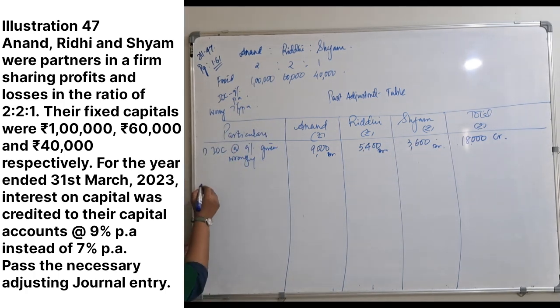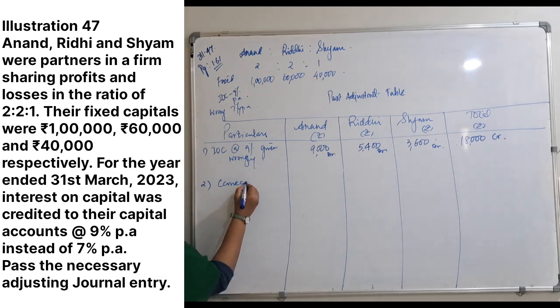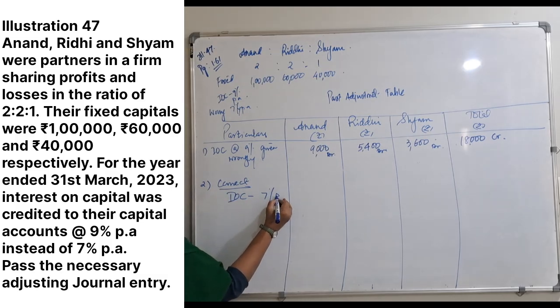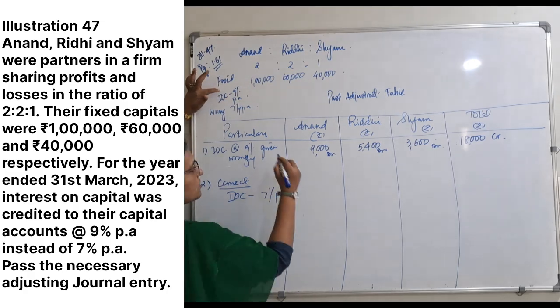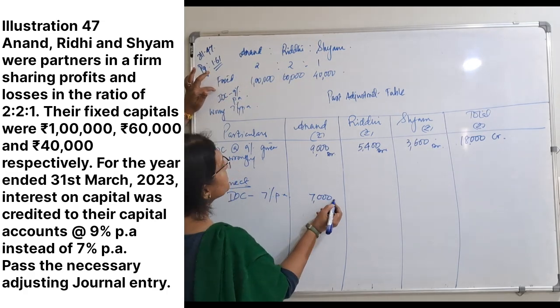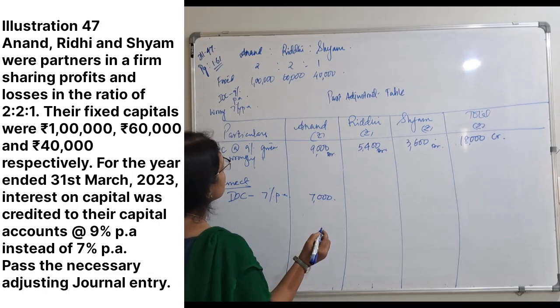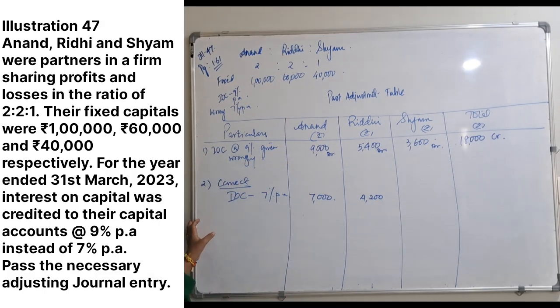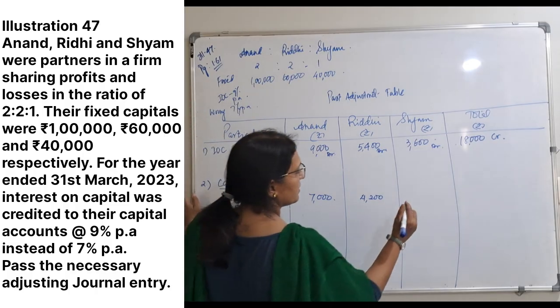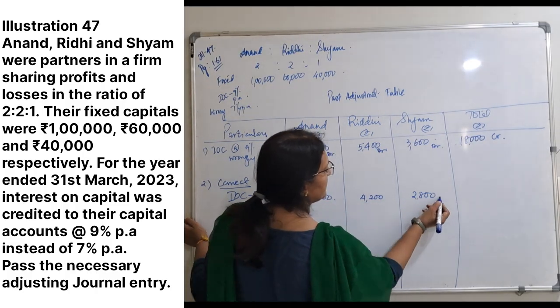Now we will see what the correct one is. The correct interest on capital should be 7% per annum. 7% of 1 lakh is 7,000. 7% of 60,000 is 4,200. 7% of 40,000 is 2,800.